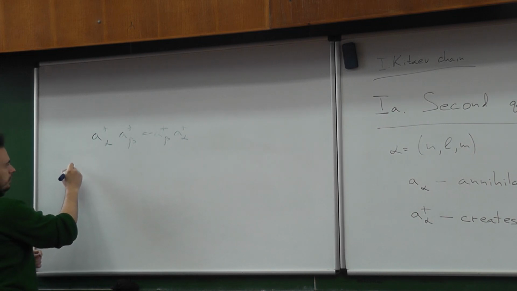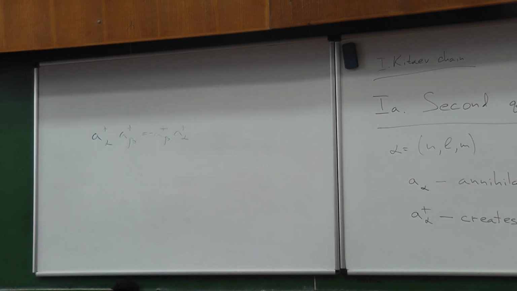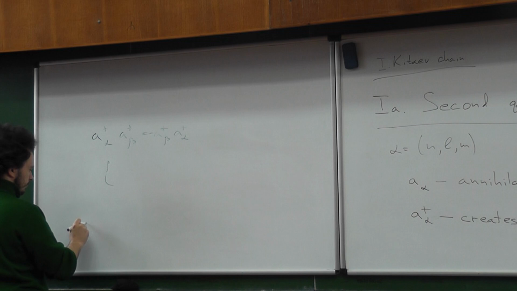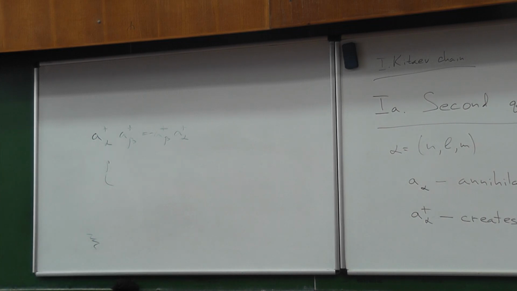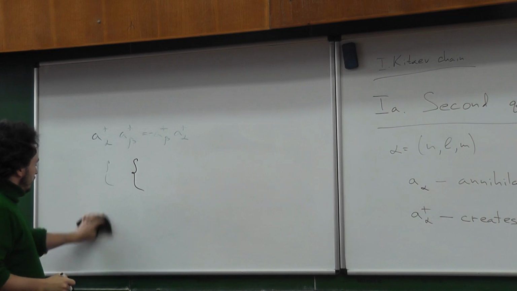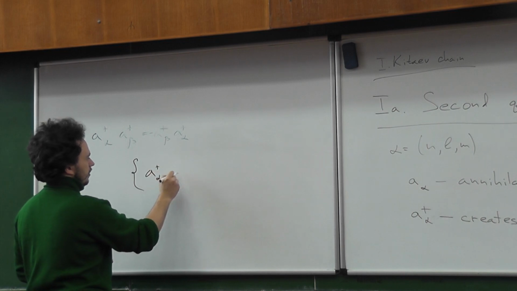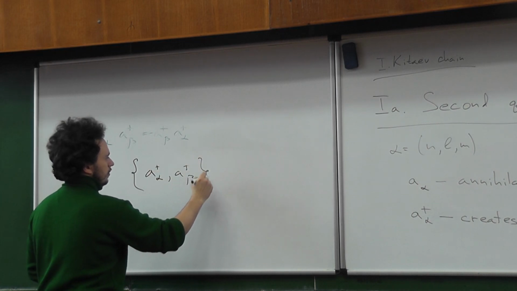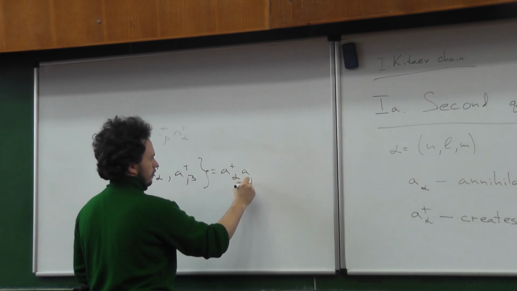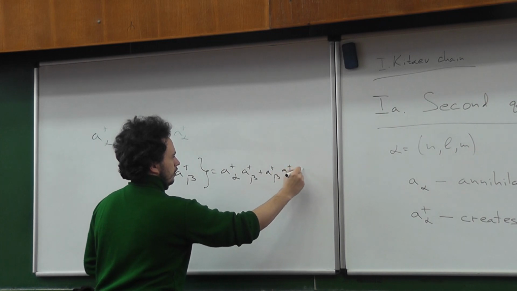In other words, the anti-commutator of A alpha dagger and A beta dagger is equal to 0.